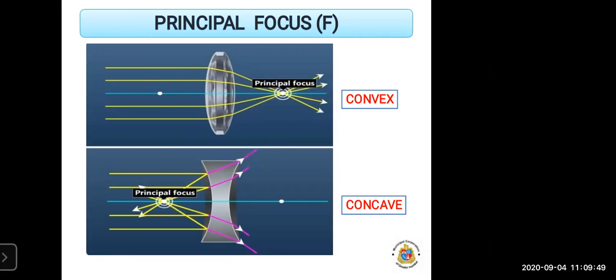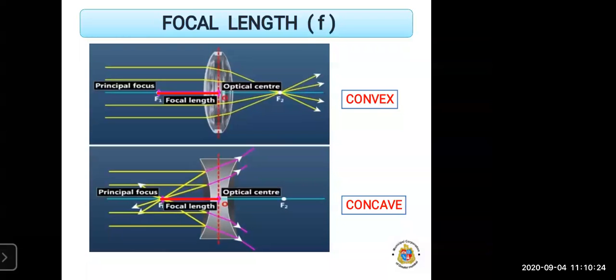They are extended backward and meet or come together at one point. That point is called the principal focus. Okay, and this principal focus is denoted by the capital F. Remember, students, principal focus is denoted by the capital F.